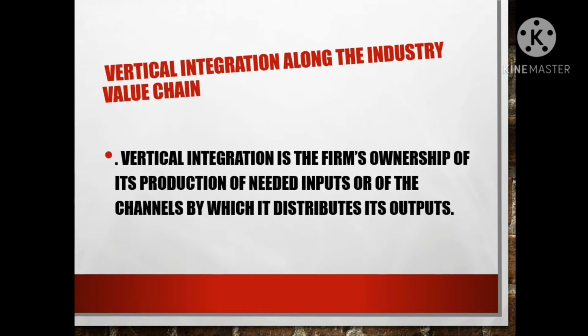So, para mas maintindihan natin yung concept ng vertical integration along the stages of the industry value chain more fully, let's use our cell phone as an example. The device is the result of a globally coordinated industry value chain of different products and services.